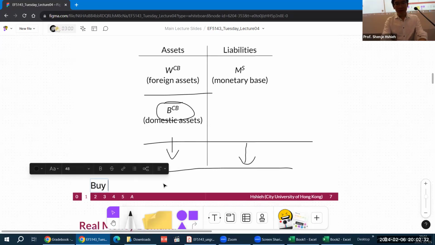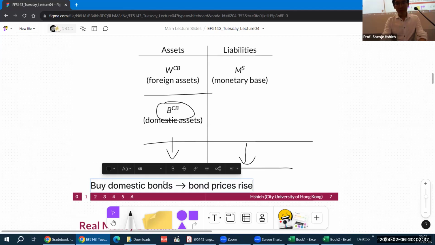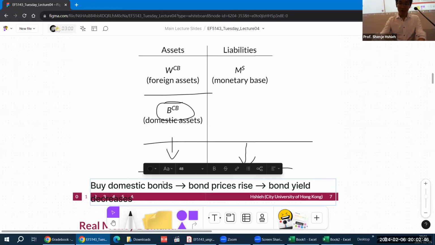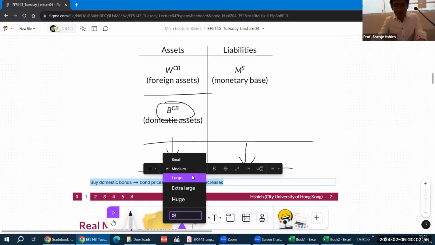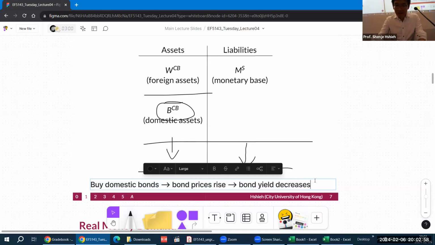If I buy domestic bonds, bond prices rise, which means that bond yields or interest rates decrease. So I'll show you a formula just in case you're not convinced, but I think you should believe that given your exposure to corporate finance last semester. And that will mean interest rate R decreases, right?